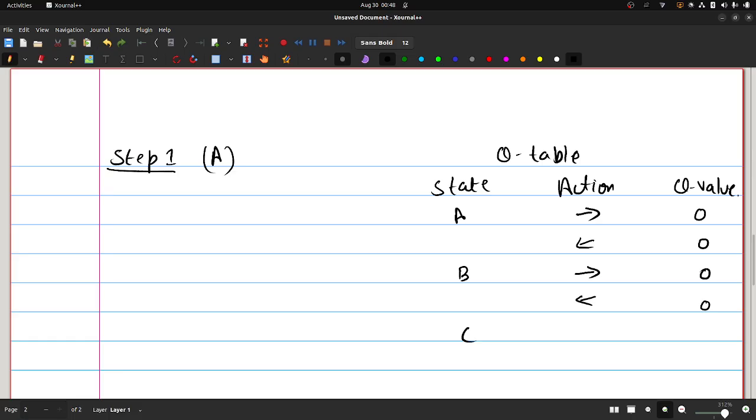In C, it is not dependent on any action, because if we reach C, then we will get the reward and the episode will end at that point. So let us keep it blank, and the Q value is also 0 for this. Initially the Q value for all the states and actions we define is 0.